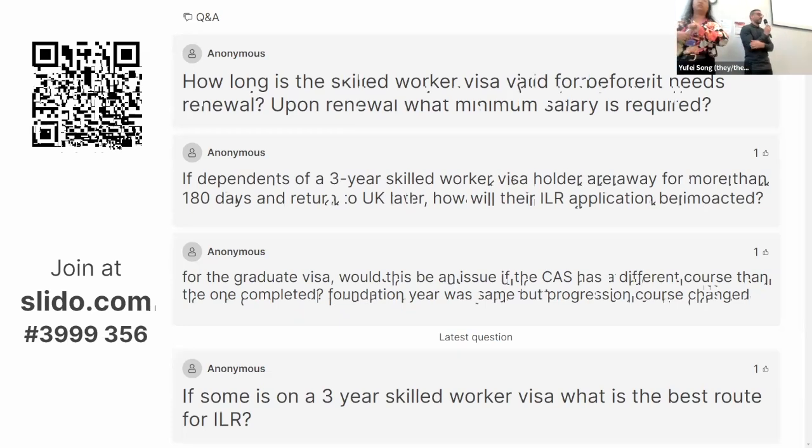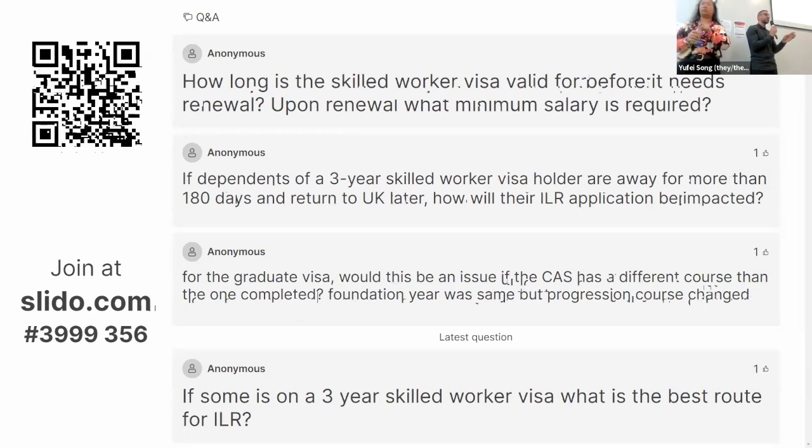However, as a new entrant, you can only be a new entrant for a maximum of 4 years, if you're switching from a student visa to a skilled worker visa. If you've done 2 years on a graduate visa, that means 2 years has already been taken up from that 4-year period.